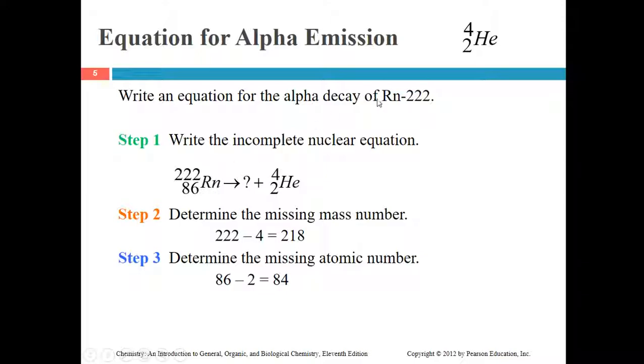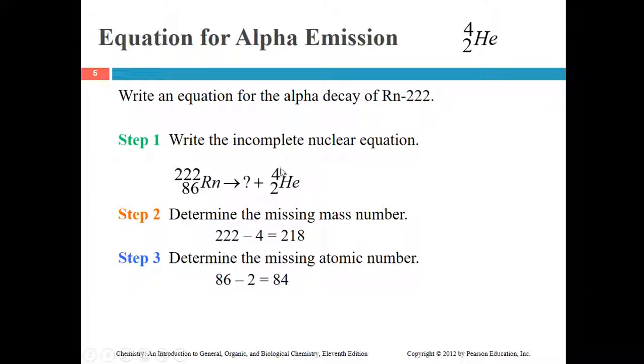And this particular isotope of radon has a mass of 222. So we're going to put 222 up here. Now it says that it goes by alpha decay. So that means that one of the particles that is produced is our alpha particle. Why? Because it says alpha decay.